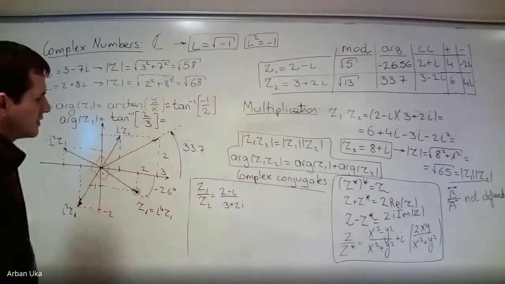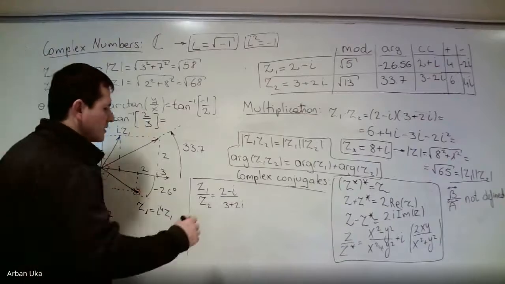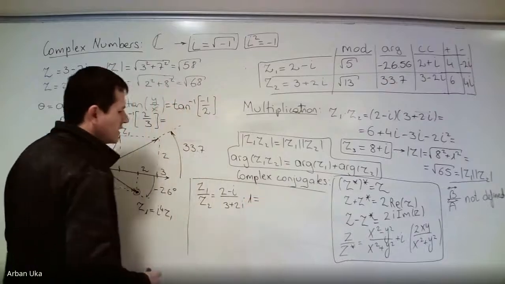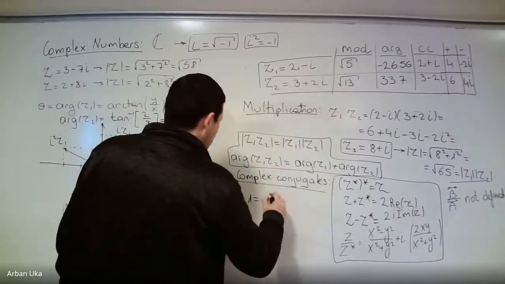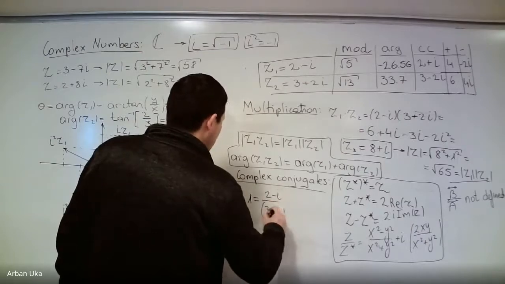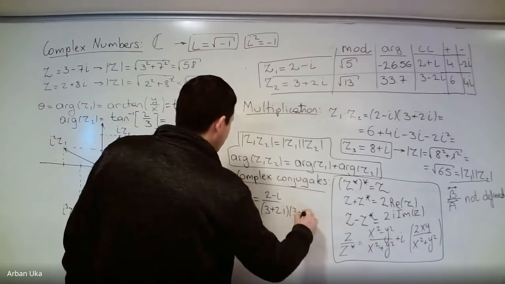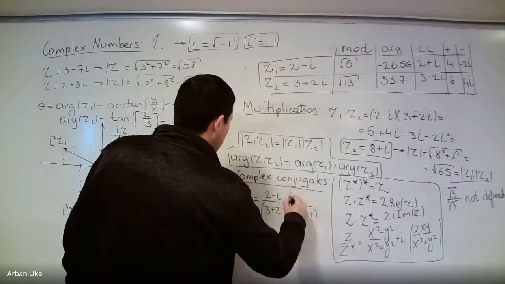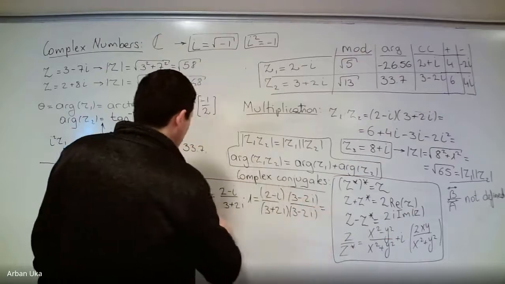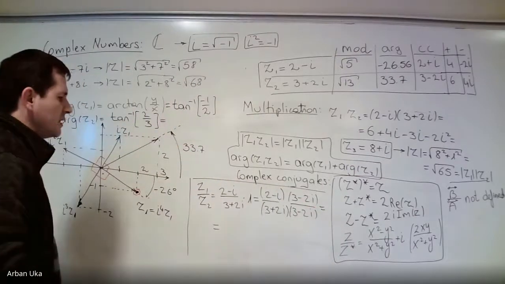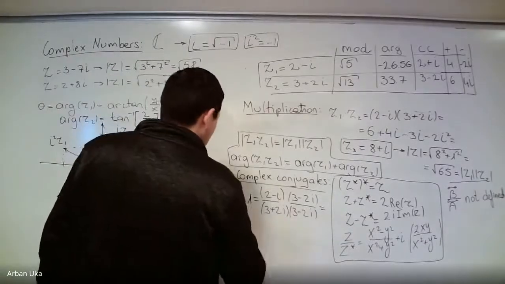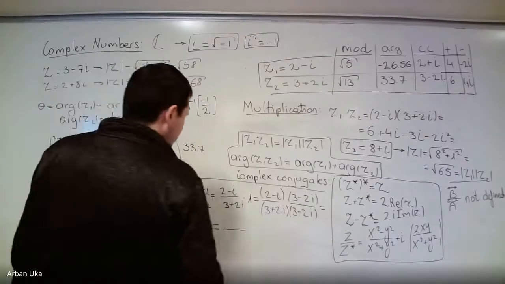This is not defined, but what we can do is multiply by 1. So let's multiply by 1 using the complex conjugate. This is 3 plus 2I times 3 minus 2I over 3 minus 2I. So we see that 3 plus 2I times 3 minus 2I is equal to 9 plus 4, 13.